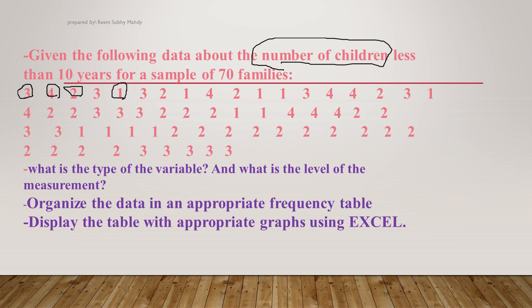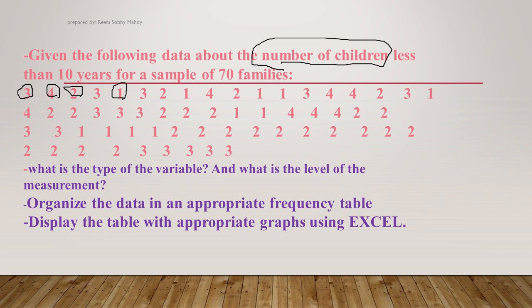For the third family, they have 2 children less than 10 years, and so on till the end of the 70 families. The requirement: what is the type of the variable and what is the level of the measurement? Requirement number 2, organize the data in an appropriate frequency table. And requirement number 3, display the table with appropriate graph using Excel.